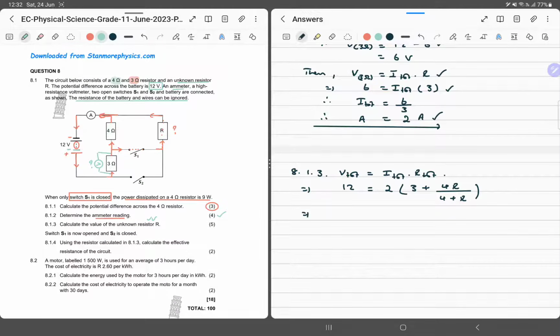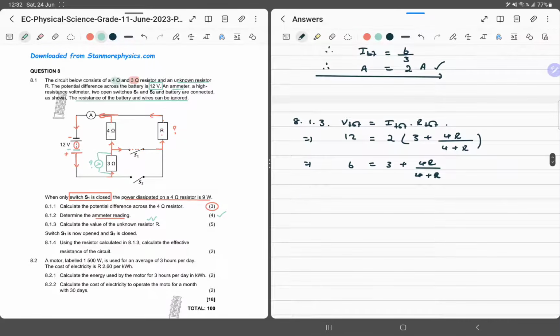We can divide by 2 throughout. This means 6 is equal to 3 plus 4R over 4 plus R. We transpose the 3, so 6 minus 3 is 3, which equals 4R over 4 plus R, and then this is over 1.